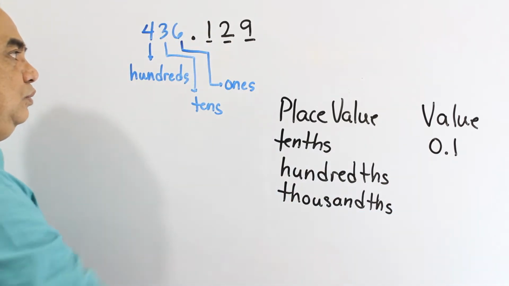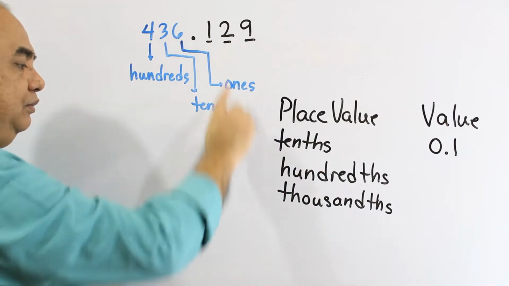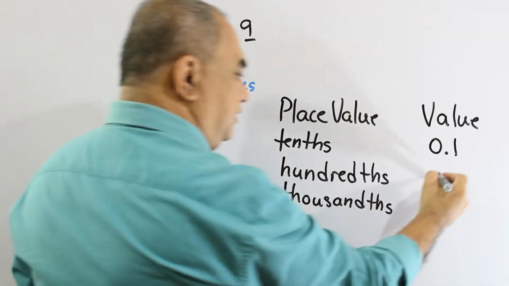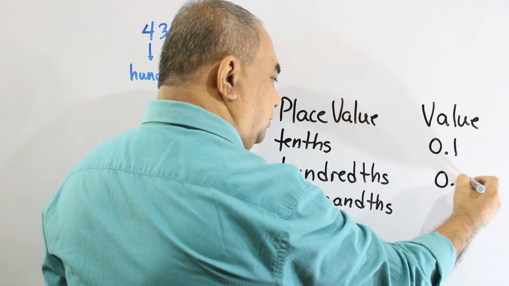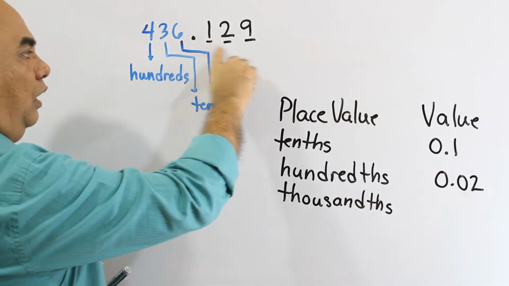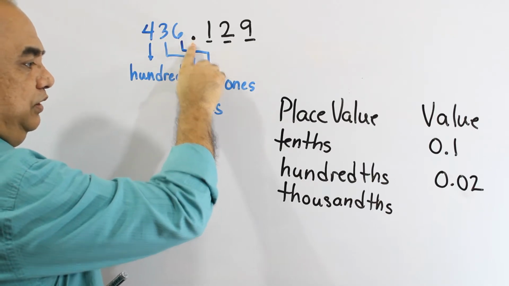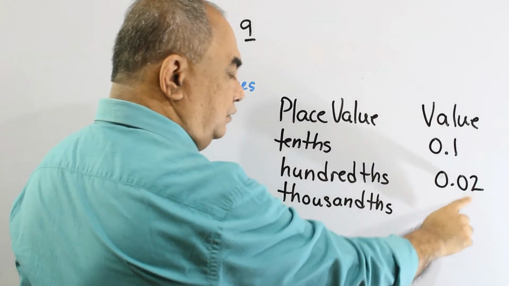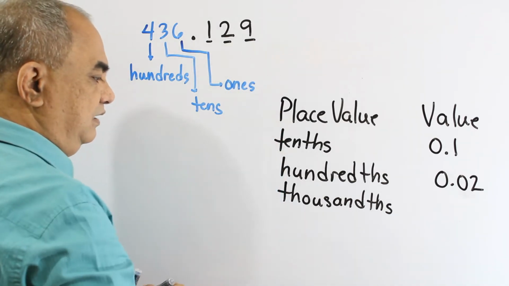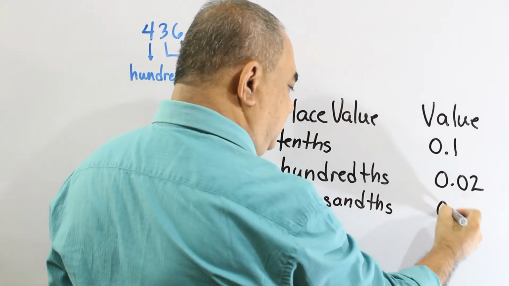The next digit will be 2, and we're going to write the value of the 2 as 0.02. As you can see, the farther we go away from the decimal point, the number of zeros increases. And for the last digit, we have 9. We can write this as 0.009.